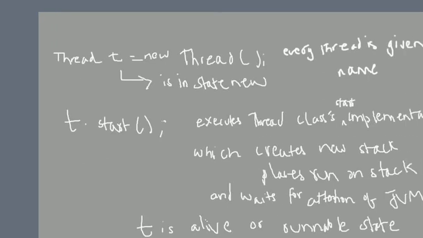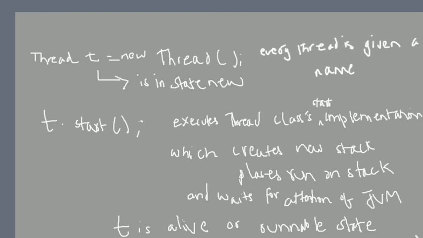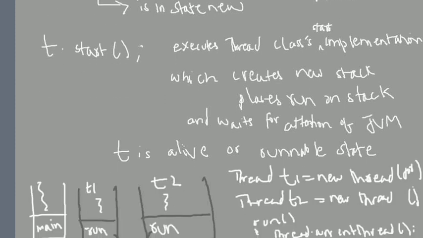Alright, let's talk about the states a little bit. When you do this, it is set to be in the new state. When you do t.start, it executes the Thread class's start implementation, which creates a new stack, places run on the stack, and waits for the attention of the JVM. Now t is set to be alive or runnable.